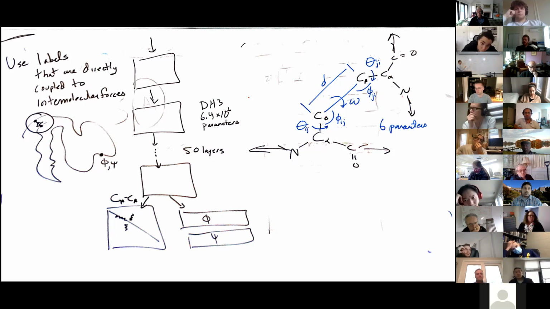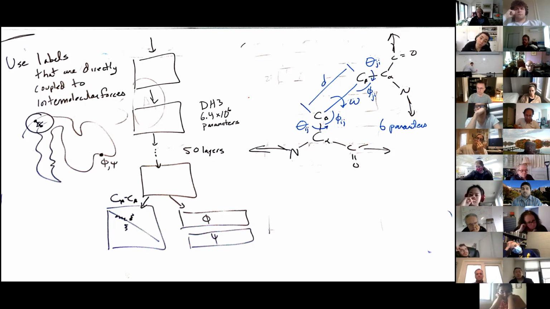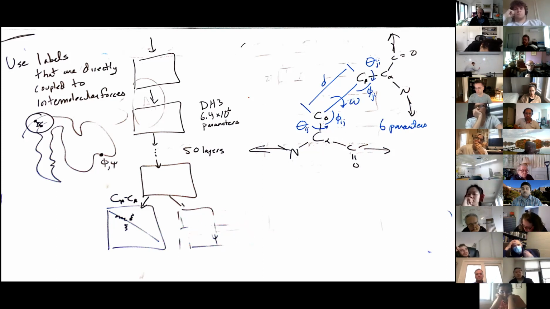So in DeepH3, as in trRosetta, which is from the Yang paper, we're going to have several outputs. We're going to have the phi matrix, the omega, the theta, the distance, 1, 2, 3, 4, 5, 6.